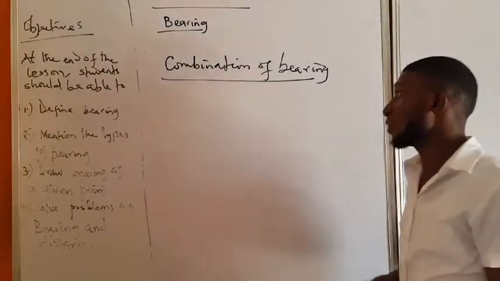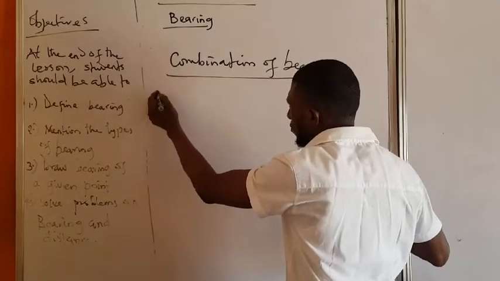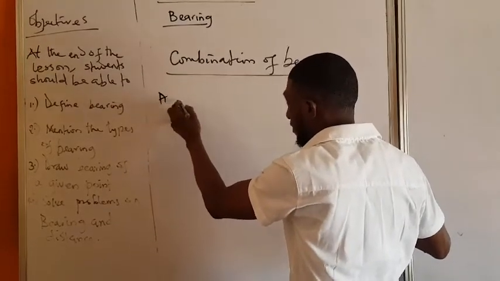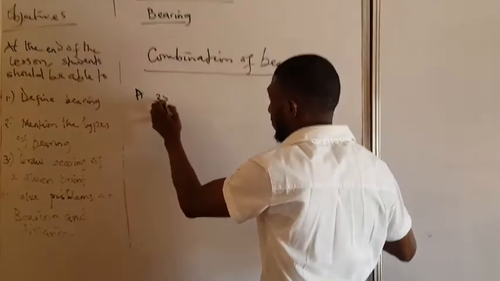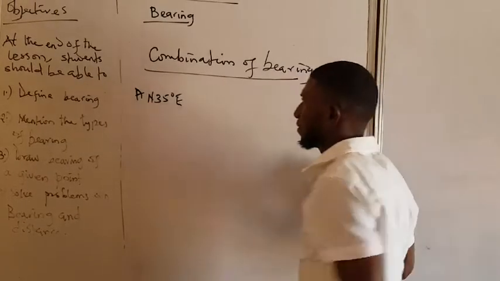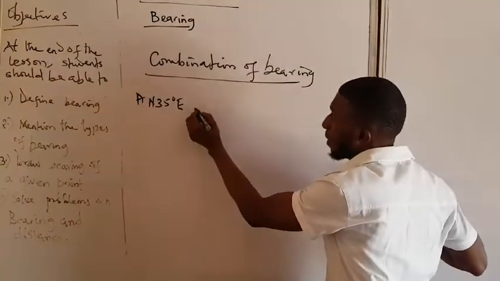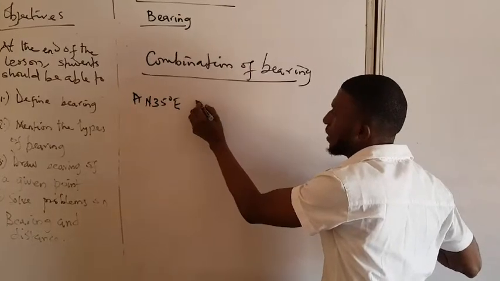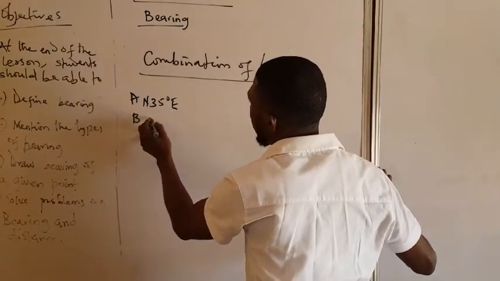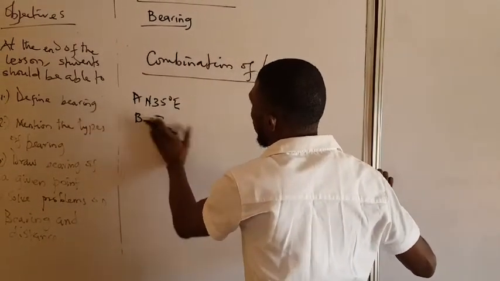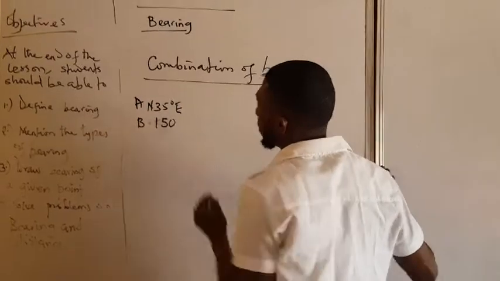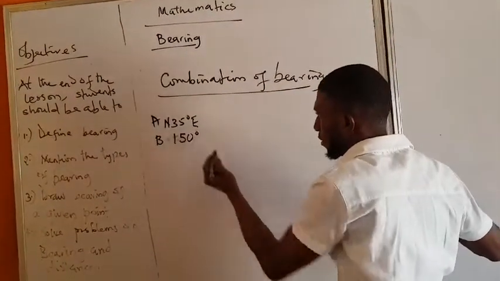Now, let's take for example a combination of bearing. Now we say point A is 35 degrees north east, and point B, let's say B is 150 degrees.